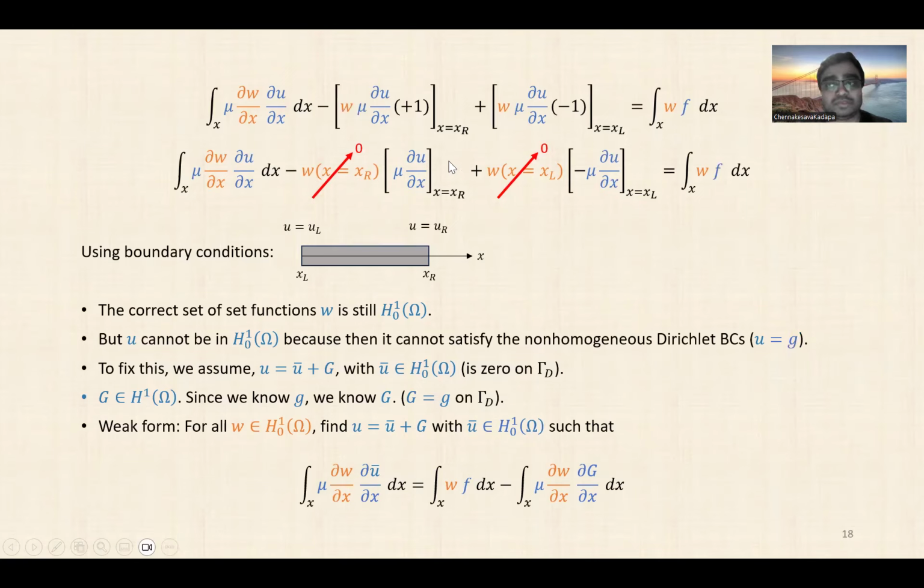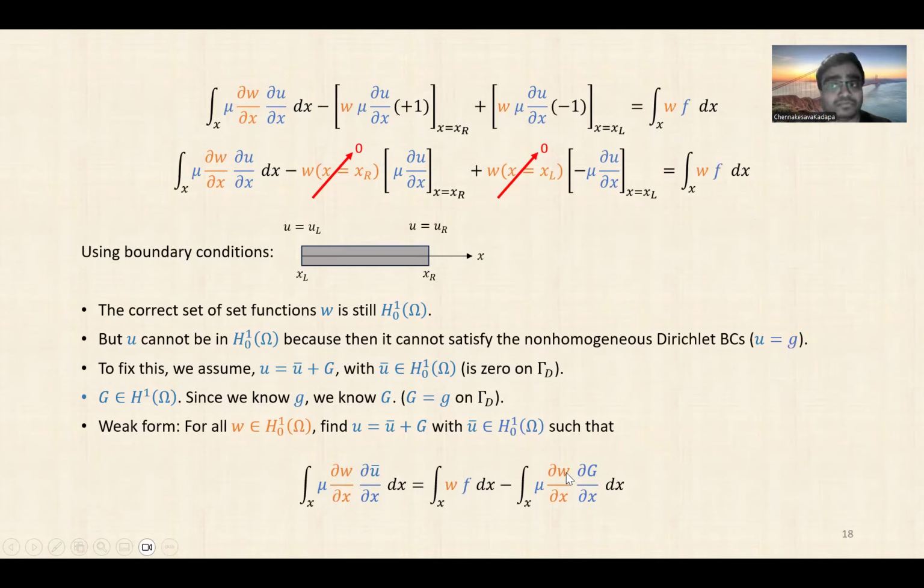Once we remove these terms, we are left with only two terms, one on the left side and one on the right side. In this case, instead of u, we have u bar, because we substitute u equal to u bar plus G, and the G term we take to the right-hand side. So it becomes minus mu, dw/dx, dG/dx.